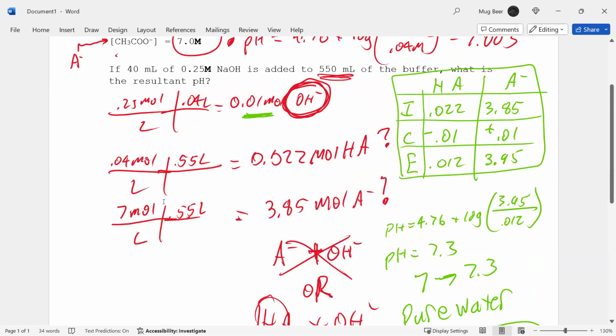So how was all that? You ready to take the test? Pop quiz. Oh, what do C and D stand for? Nice, because this is the first one with initial, change, equilibrium. Do you want to do some of these?